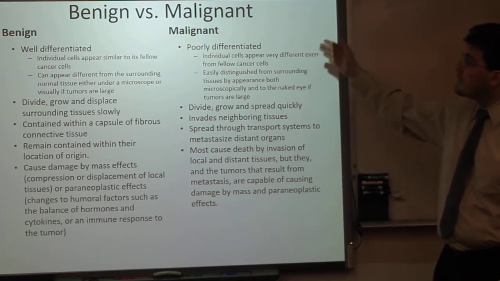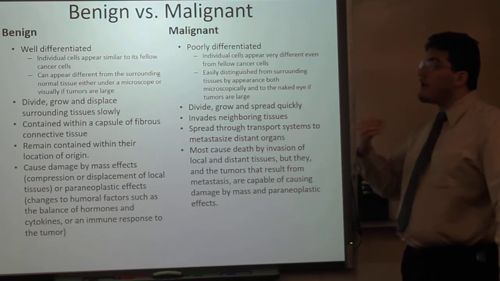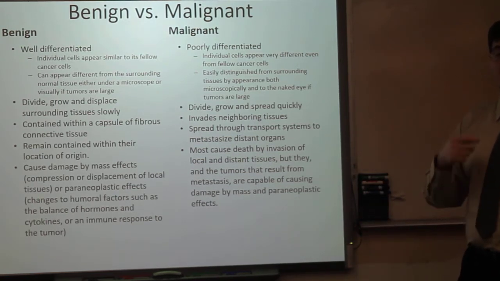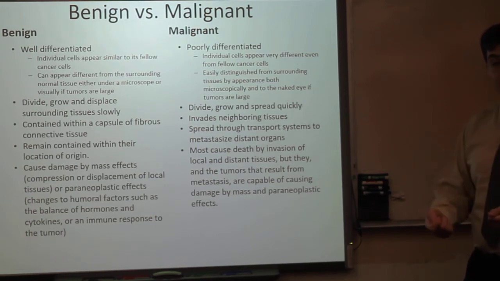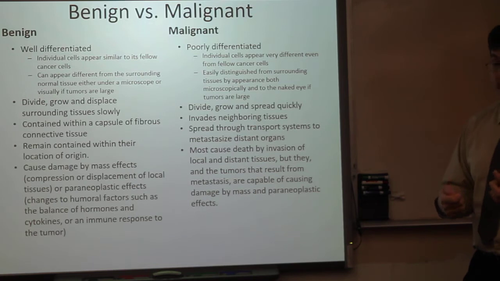Whereas a malignant tumor is often poorly differentiated, where the individual cells will appear very different even from their fellow cancer cells. You can easily distinguish a malignant tumor from its surrounding cells under a microscope, and if the tumor is large, you can definitely tell the difference between the malignant tumor and the surrounding healthy cells.